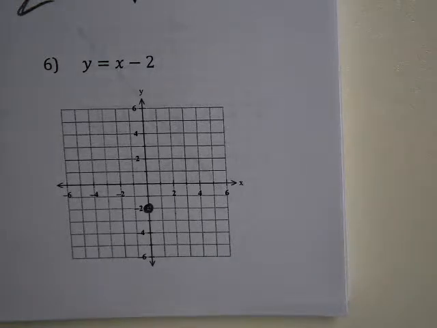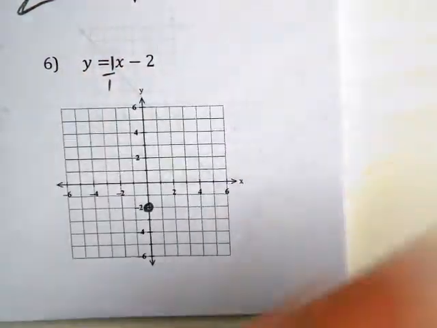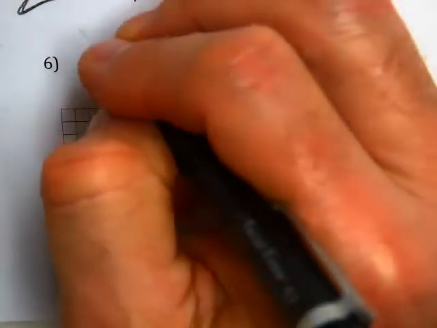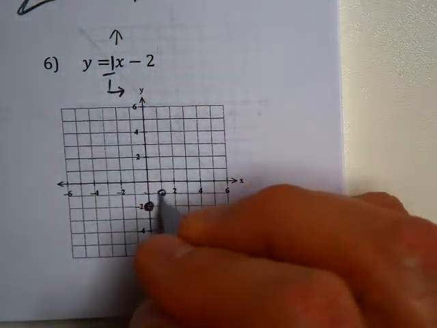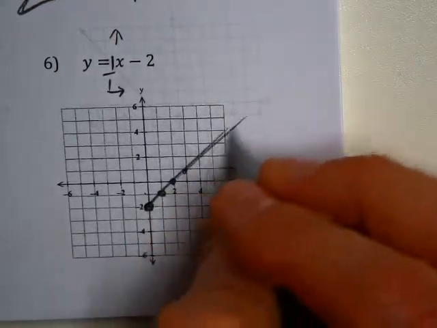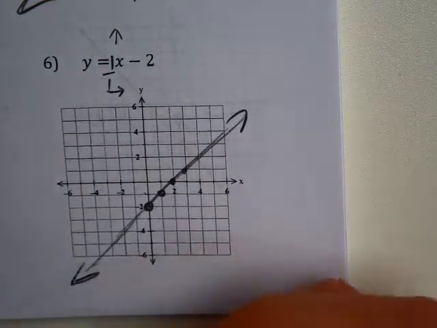We can put it in, but they're not going to print it for us. And if I make that 1 over 1, because I need it to be a fraction, this is going to be a rise of 1 and a run of 1. So up 1 and over 1. It's a simple one. It's just a 45-degree angle there, if you know your degrees.